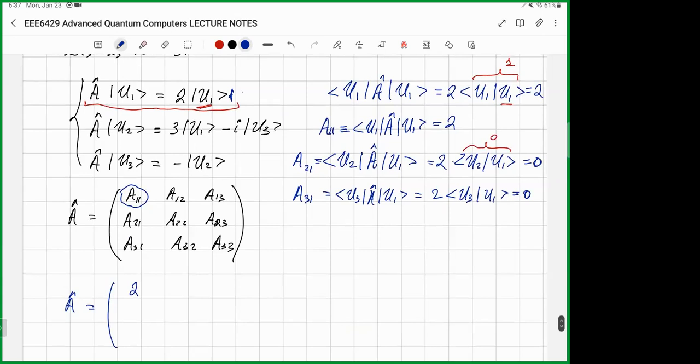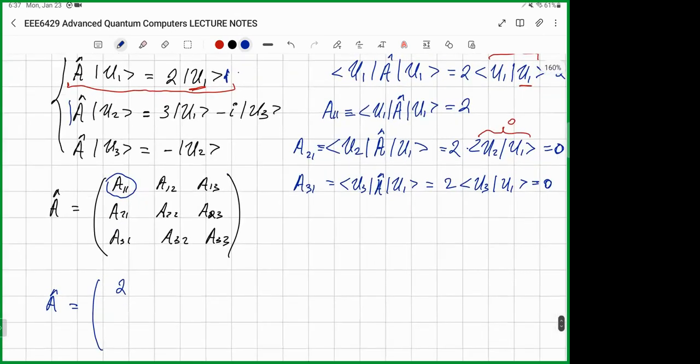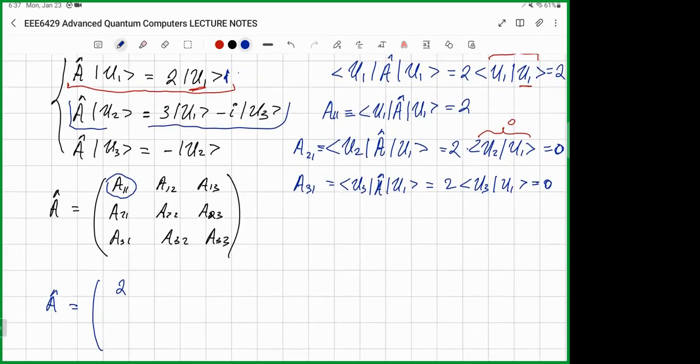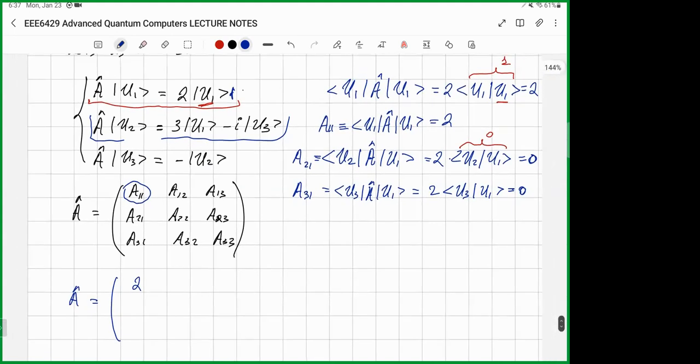Next, go to the second rule, this rule, and do basically the same. So I write A12, which is u1 A u2.